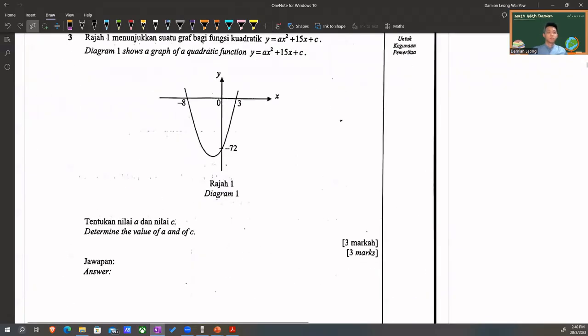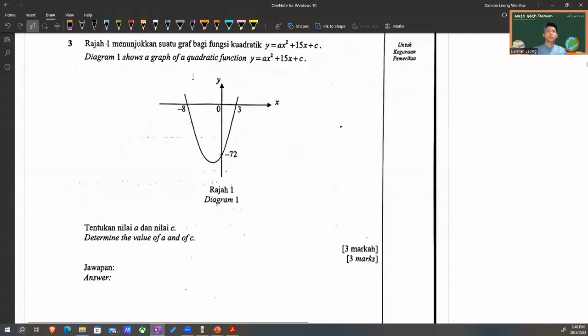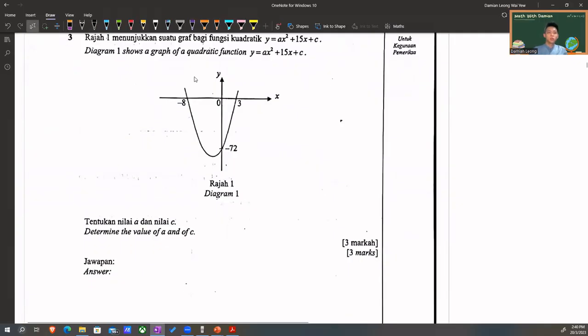Question 3. Determine the values of a and c from the quadratic function here. So the c value is very simple. The c value will just be the y-intercept, which I already have from the diagram, is -72. So c straight away, I know it's -72.